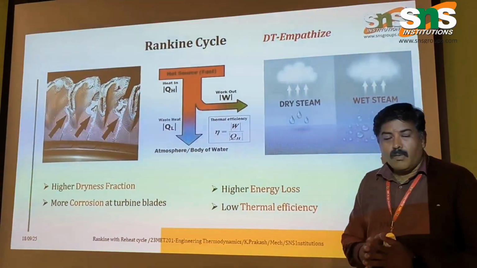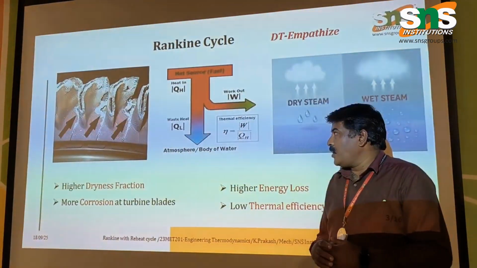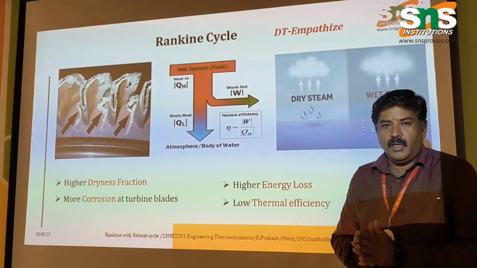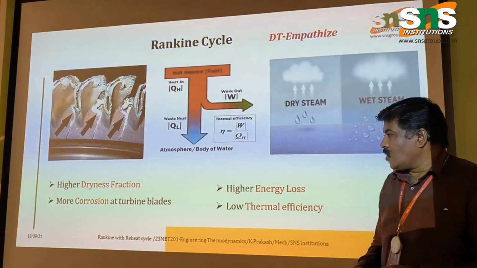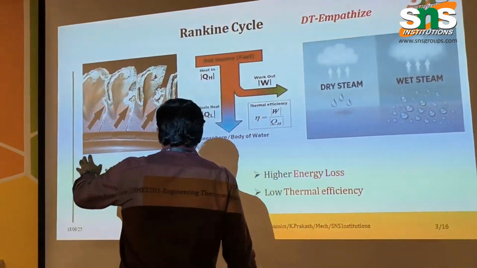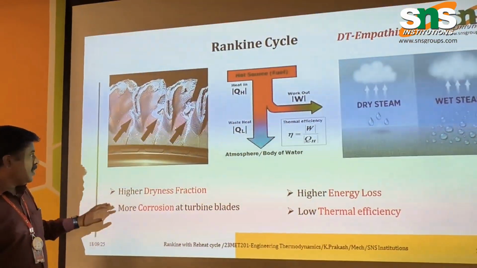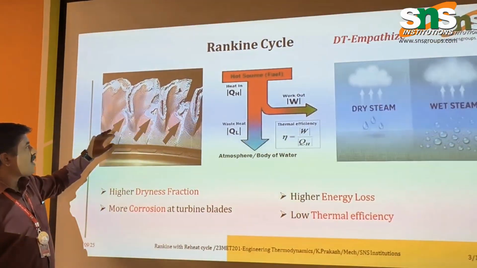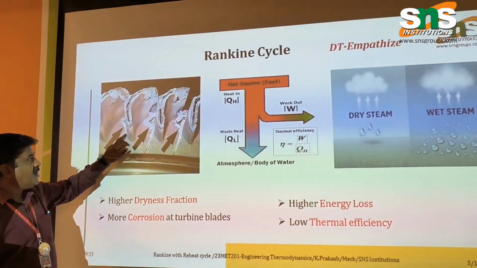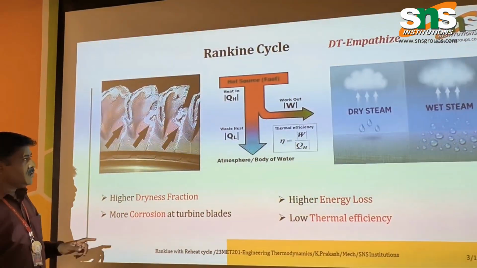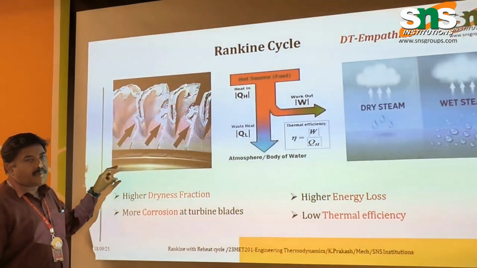Before going to the topic, we will have some empathy, because the first stage in design thinking is empathy. In the existing Rankine cycles, because of the dryness fraction and the wet steam, the blades are getting damaged in the turbines. This is a major problem.